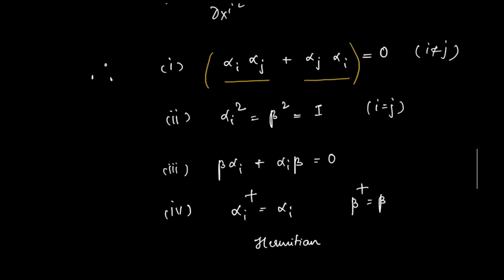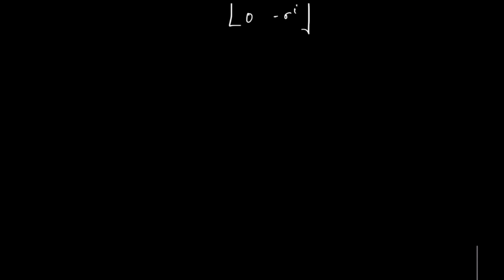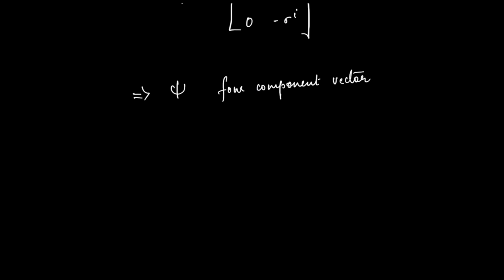So alpha and beta are 4 cross 4 matrices, which implies psi must be a 4 component vector, something like psi is equal to psi 1, psi 2, psi 3, psi 4.